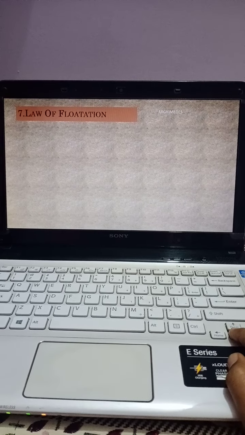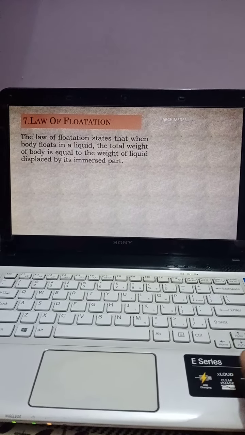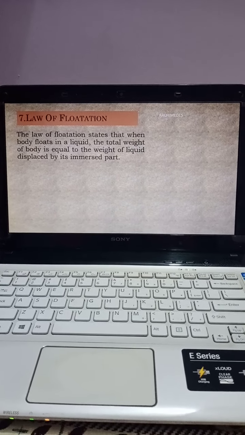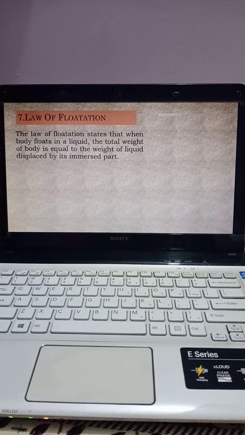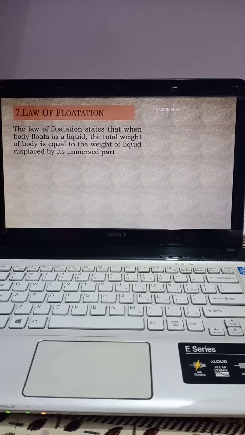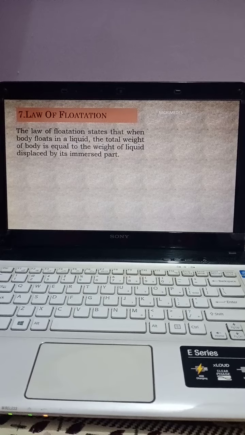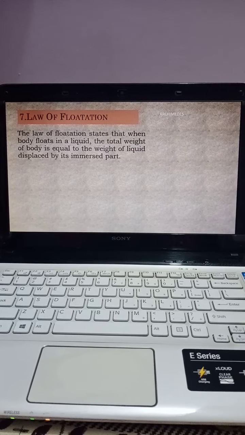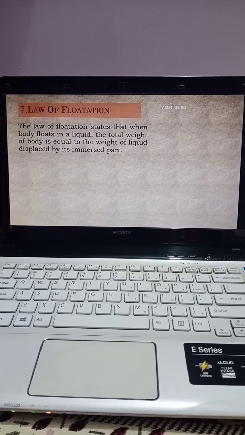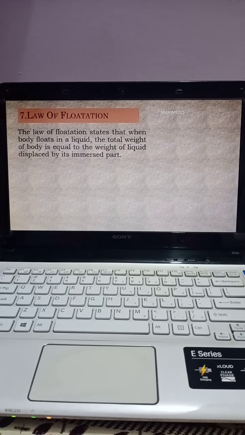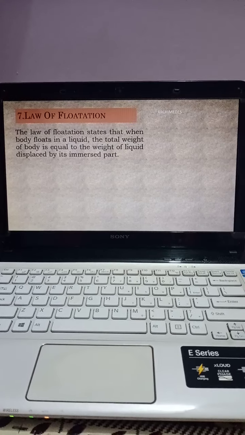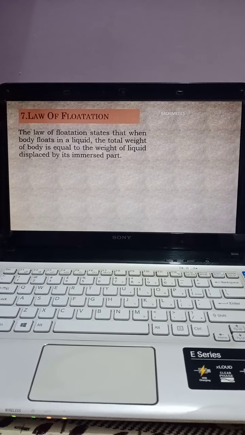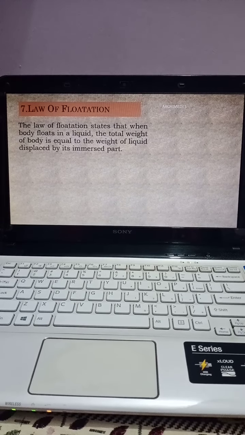What this law states is that when any object is immersed inside water, if the weight of the water displaced by it is equal to the weight of that object, then it is going to float. And in this case many other situations happen, which we are going to see further in this video.